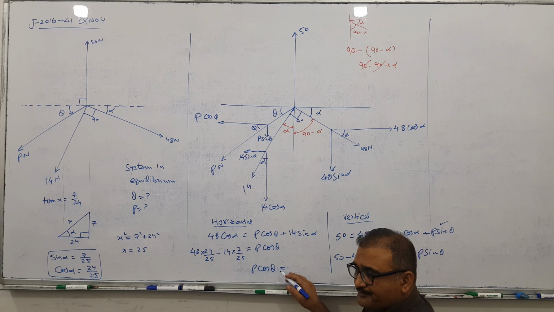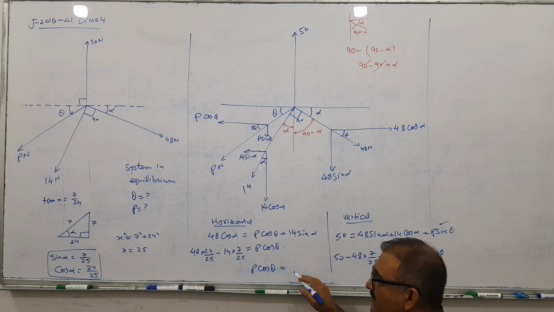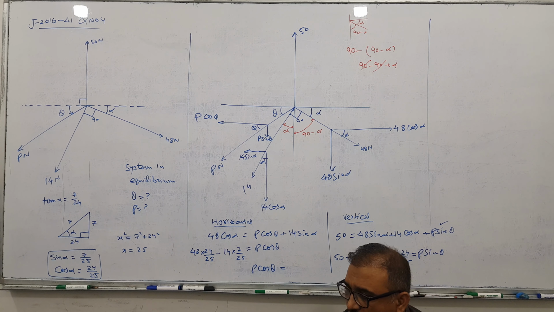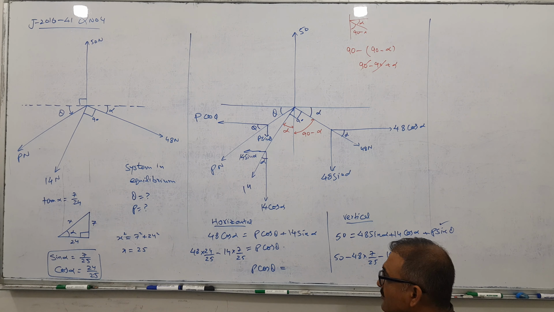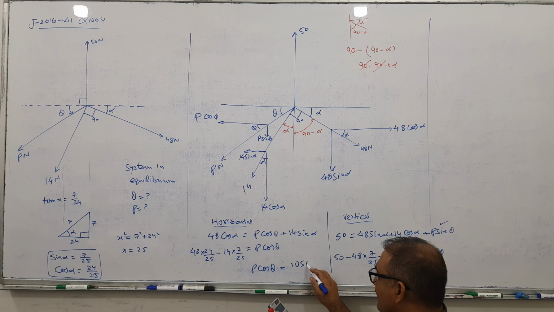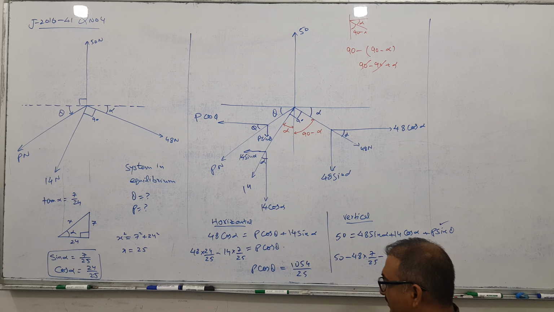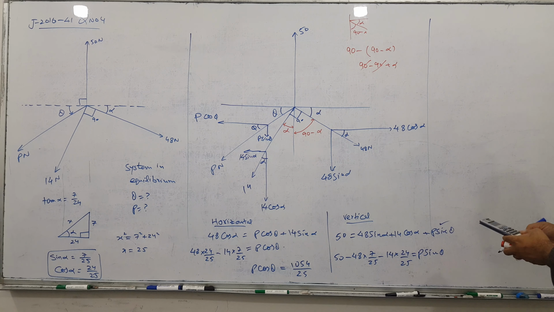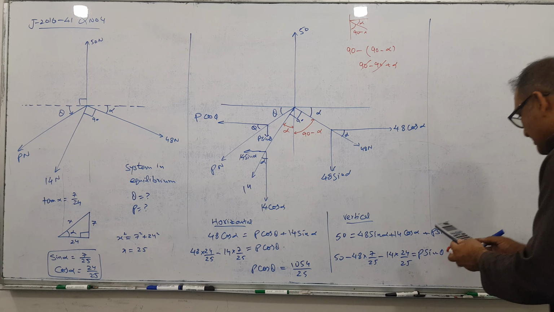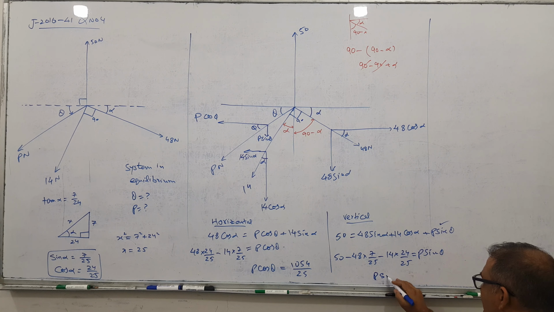Give me this number: 48 into 24, and the answer is coming 1054 by 25. Similarly, I will type this one: 50 minus 48 into 7 divided by 25, and divided by 25. The answer is P sine theta equals 578 by 25.